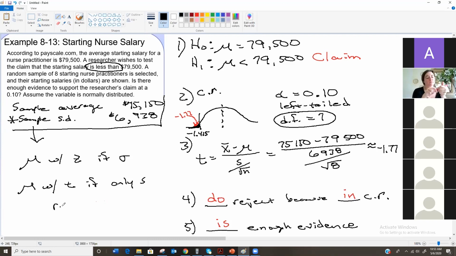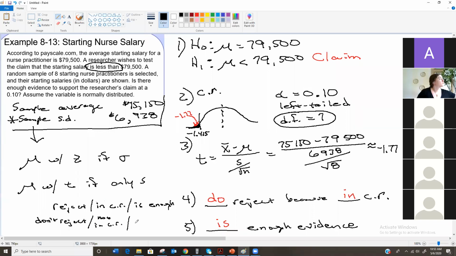Once you reject, you're going to reject because you're in the critical region, and so there is enough evidence to support. If you do not reject, that's because you are not in the critical region and there is not enough evidence.